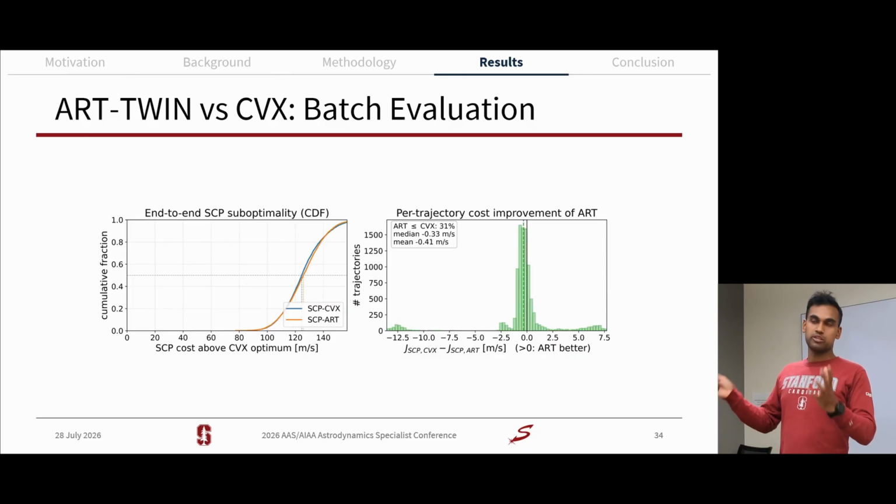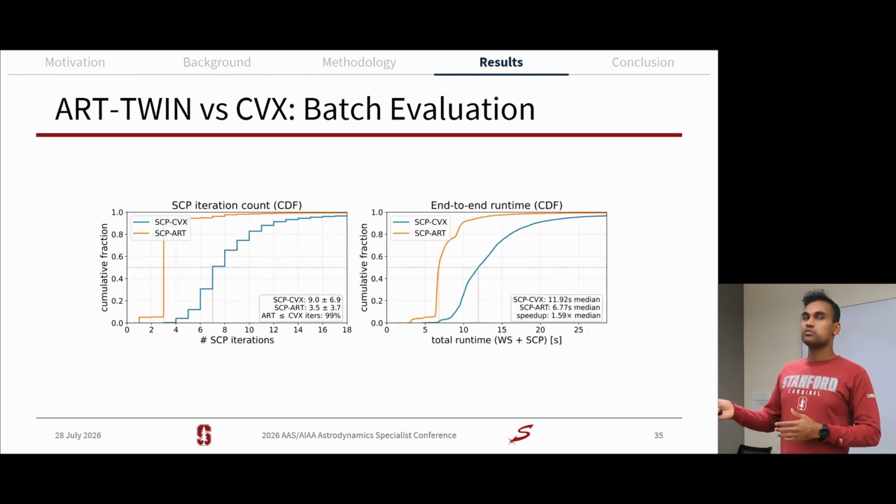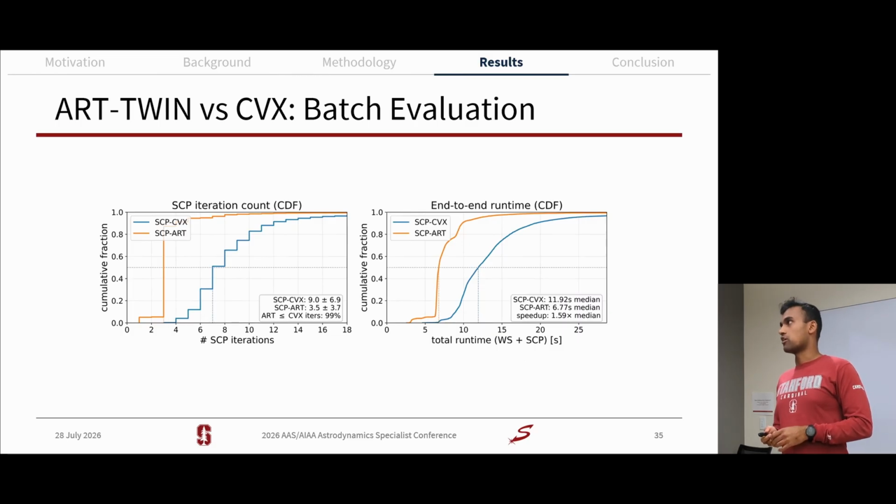And so then when we do a batch evaluation over the entire test data set of 10,000 samples, we see that the cost in terms of fuel optimality is not too different between the converged solutions. But again, the real strength comes from runtime and efficiency, where ART twin provides a speed up of more than 1.5 times on median.